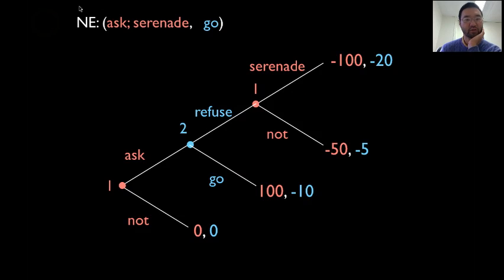Okay, so this last one, this is when 1 asks and then serenades, and then 2 goes. Oh, sorry, 1 asks and then serenades, right? 1 asks, and then serenades, then 2 goes.